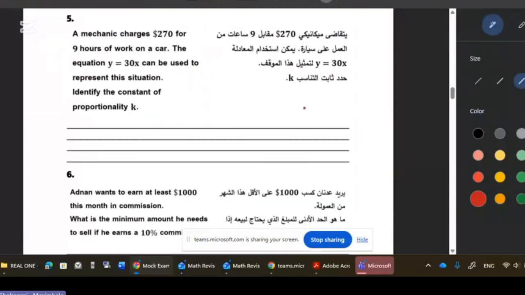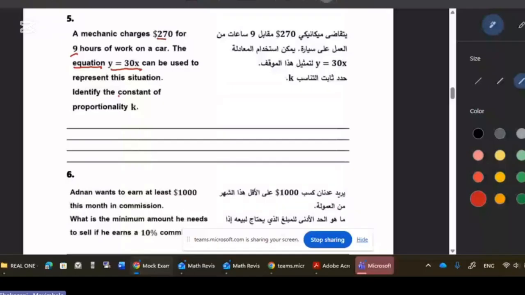Okay, number 5 is very easy, guys. It says a mechanic charges $270 for 9 hours of work on a car. The equation is, sorry, the equation is y equal to 30x. The equation, again, key point, equation that can be used to represent this situation.